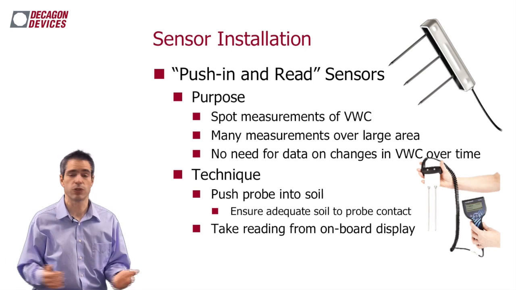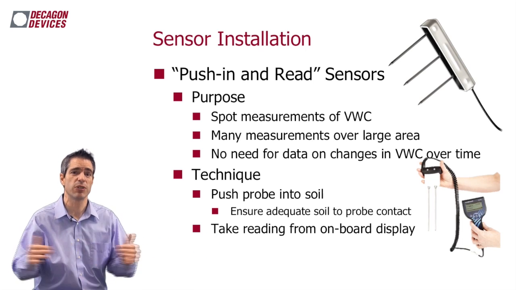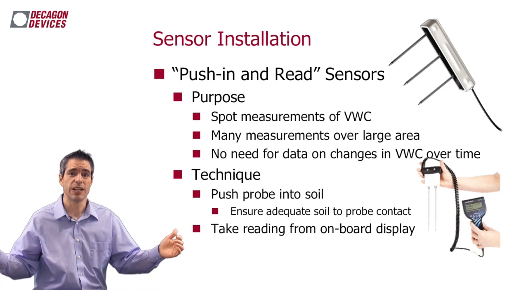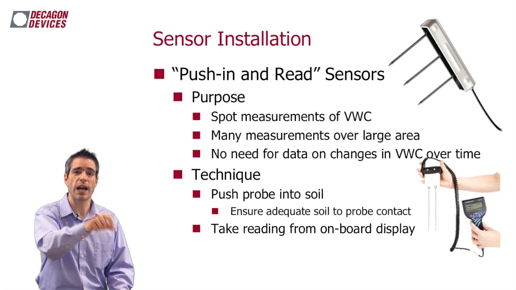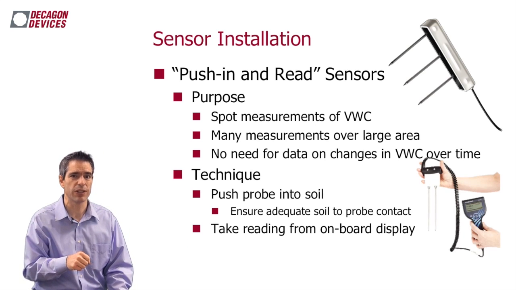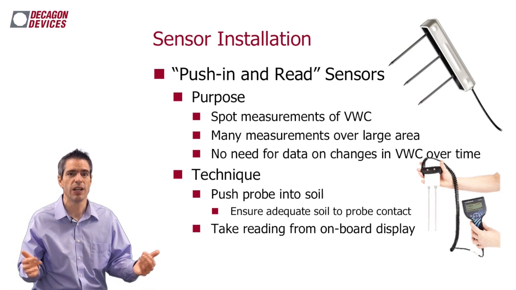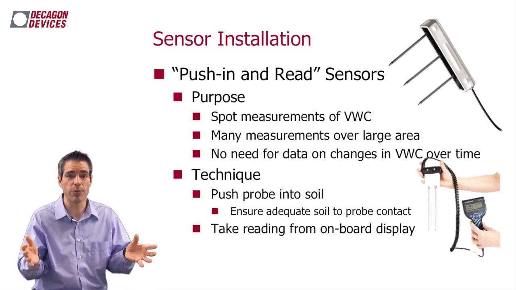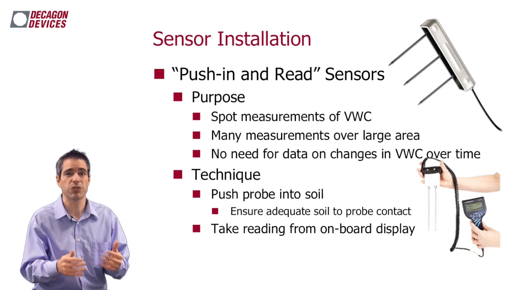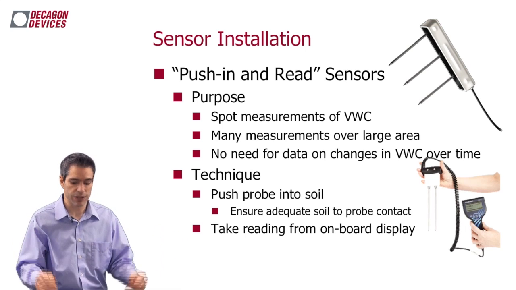And you'll find that soil moisture does just naturally vary across distance. Trying to sample out in a field with the push and read method may give you more of the natural variation in the soil moisture there than the variation over time in what you're particularly interested in seeing as this develops.